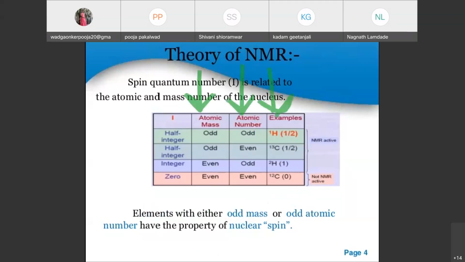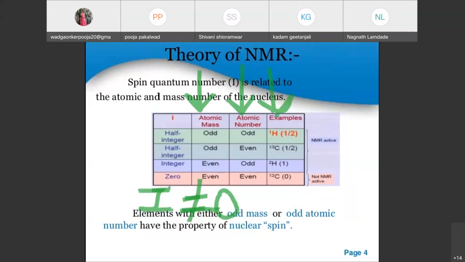So whenever you have an I value, and if that is not equal to 0, where I means spin quantum number.